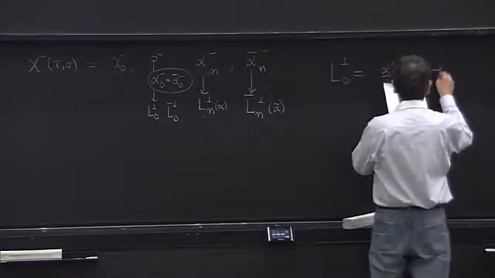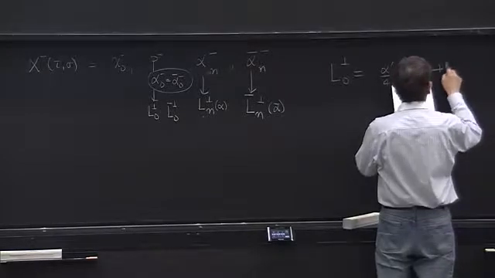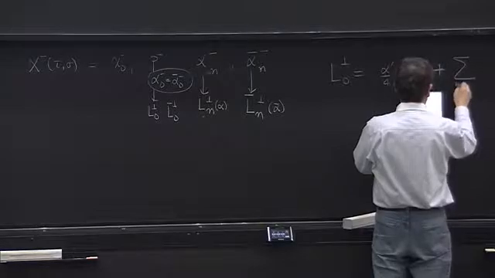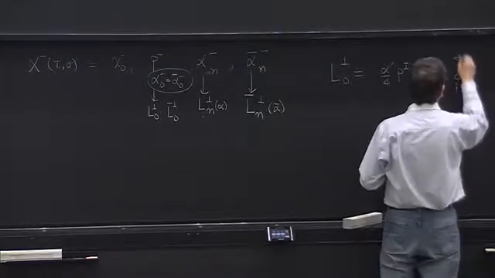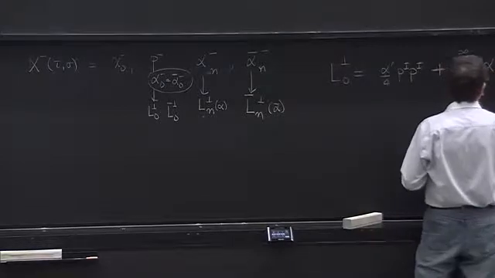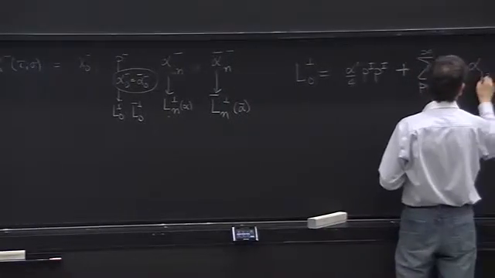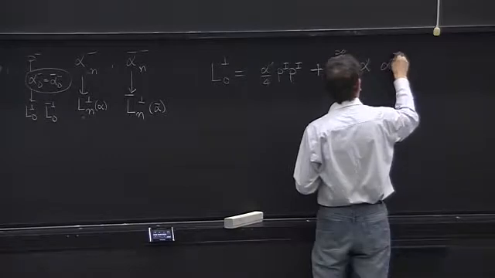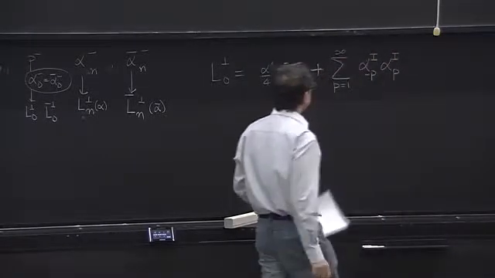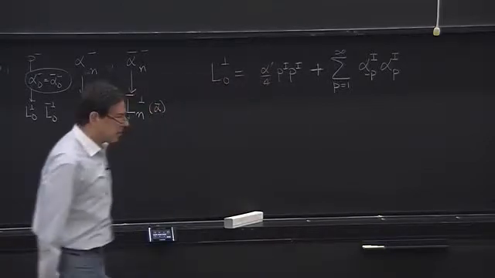But then we had plus this sum over p, say 1 to infinity, alpha minus p_i, alpha p_i. That was L0 perp.